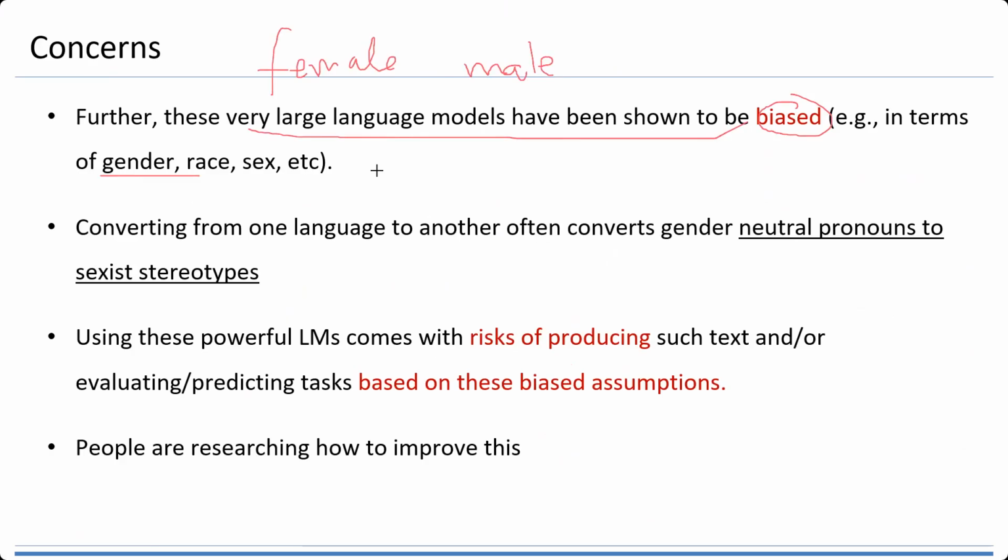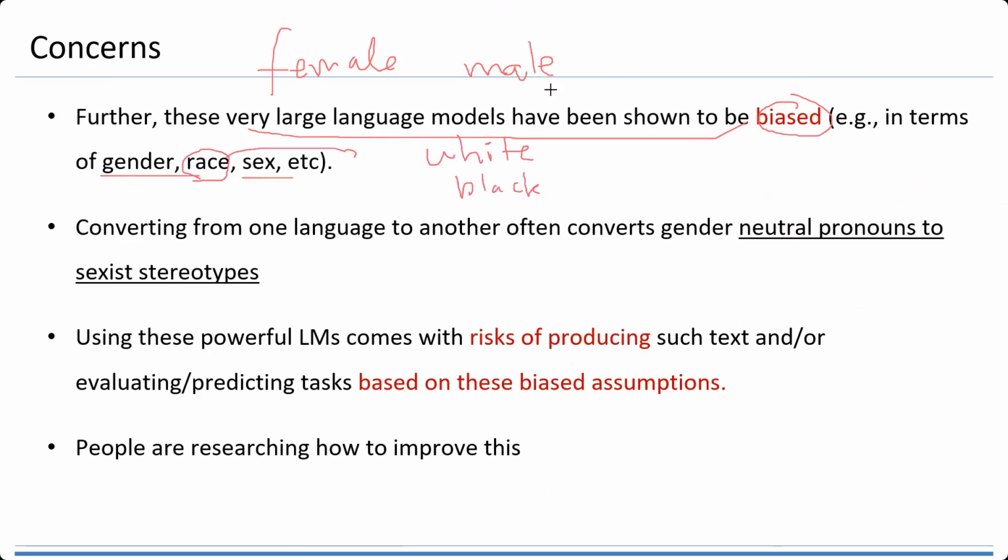Sometimes it is race bias. Some articles mention that the language model still cannot distinguish race, for example, white and black people. So there are still some issues with that.